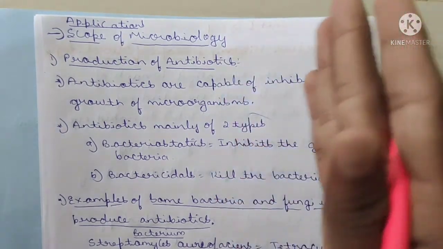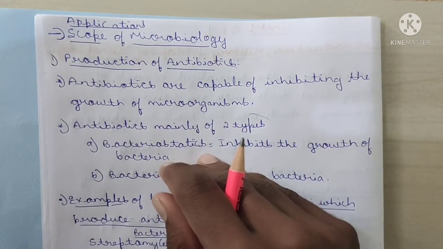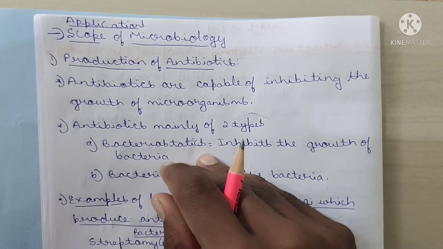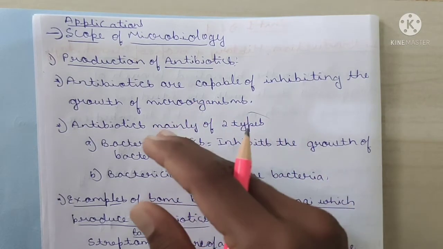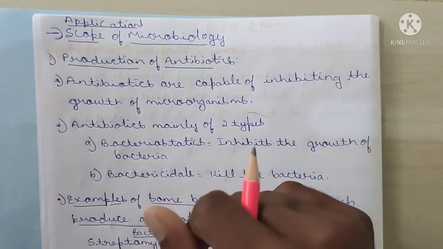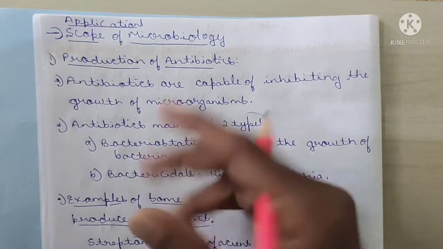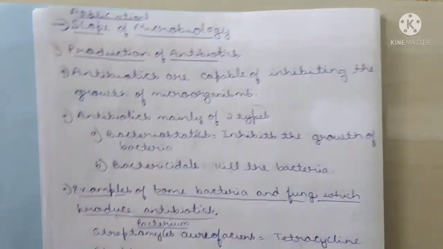Some are dangerous and some are very helpful, like lactic acid bacillus, which is very helpful for the production of dairy products. Streptomyces is a very important bacterium for the production of tetracycline and oxytetracycline antibiotics. Now, first let's discuss the production of antibiotics.